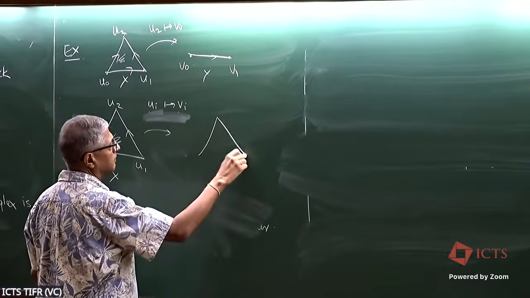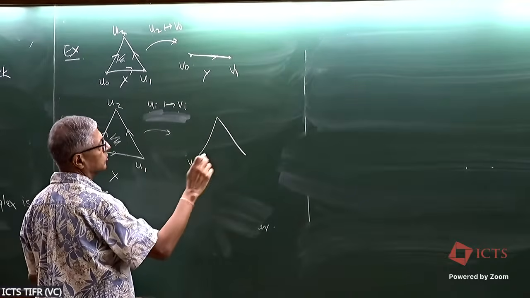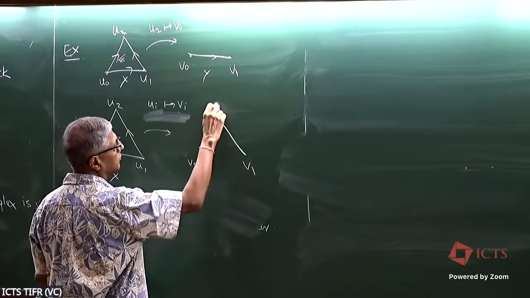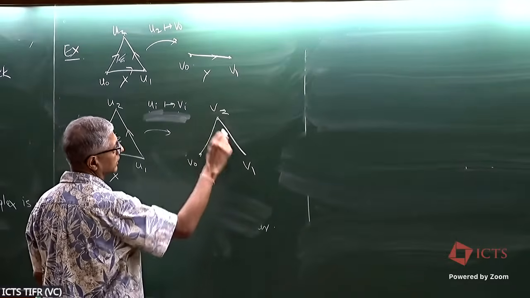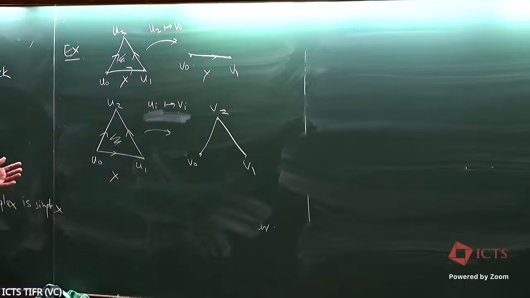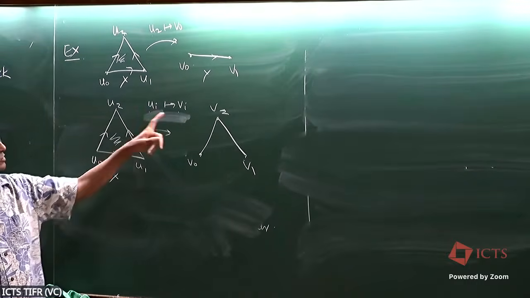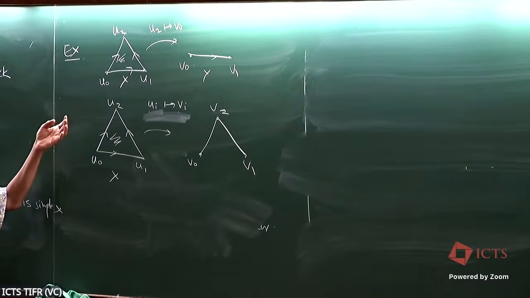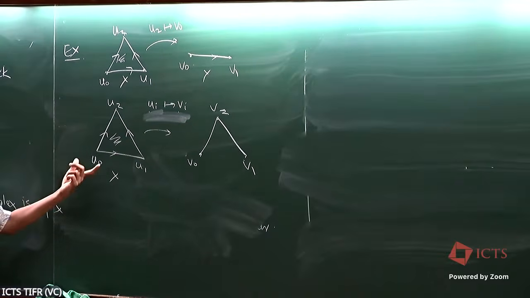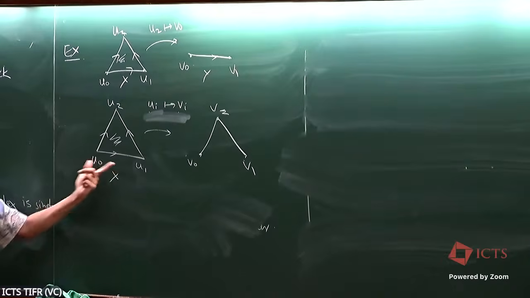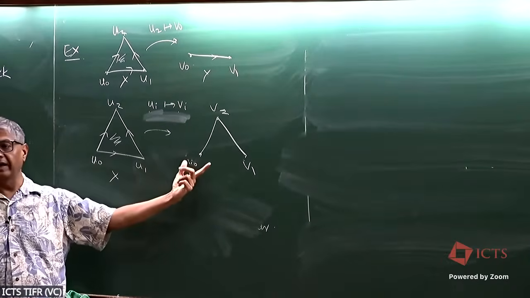Here we have V0, V1, and V2. So this maps this vertex to this vertex, that vertex to that vertex. So that's your vertex map. But it's not a simplicial map because this thing, which is an edge here, doesn't map to an edge.